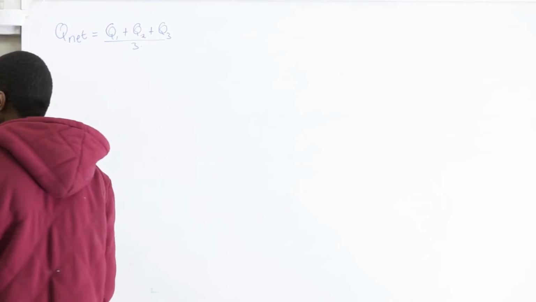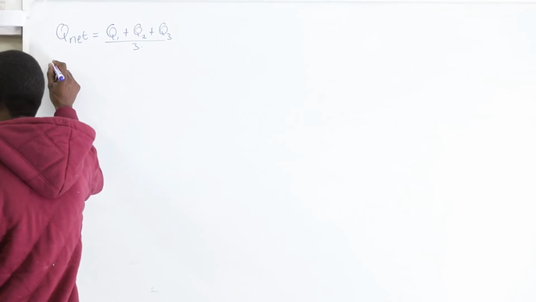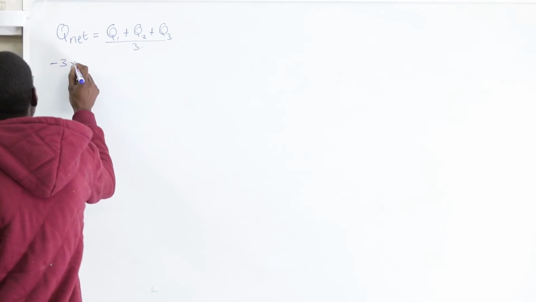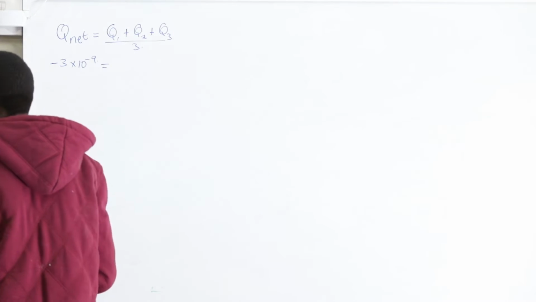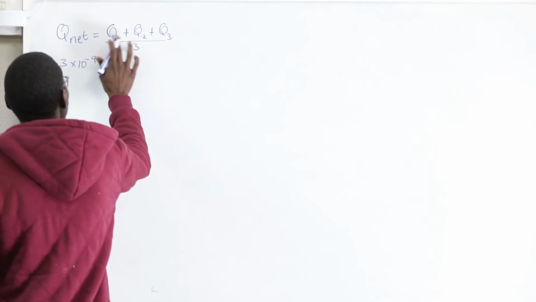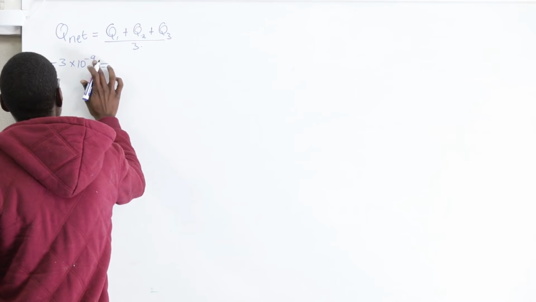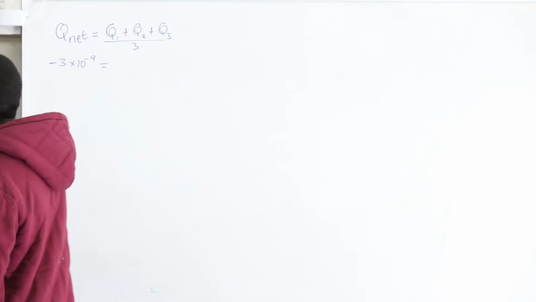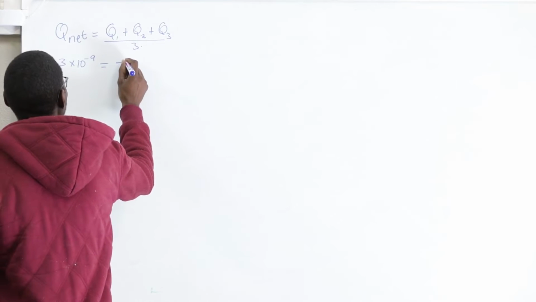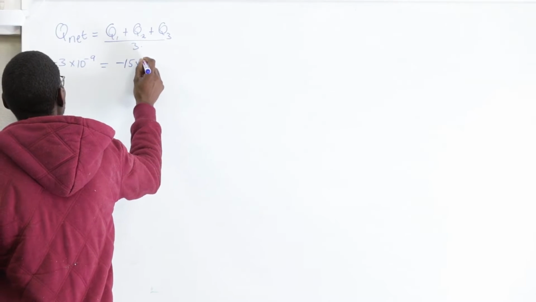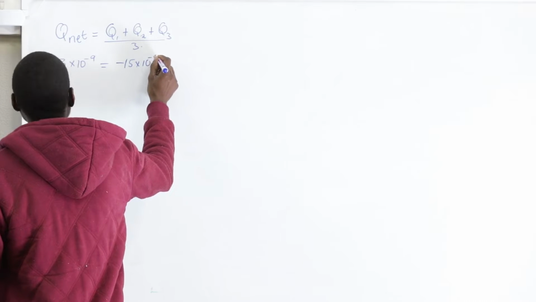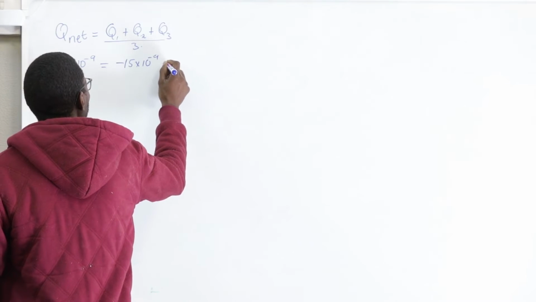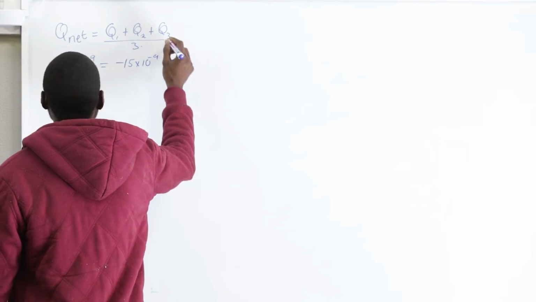Alright, how are we going to go about it? The Q net is minus 3 times 10 to the power negative 9. That's the net after they've come together and have been separated. We know that one of them is minus 15 times 10 to the power negative 9. The other one we do not know.